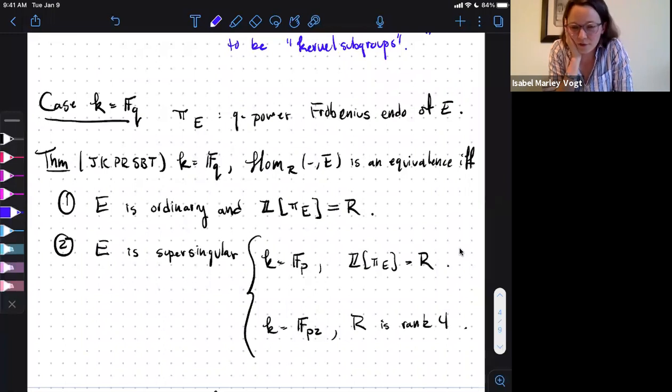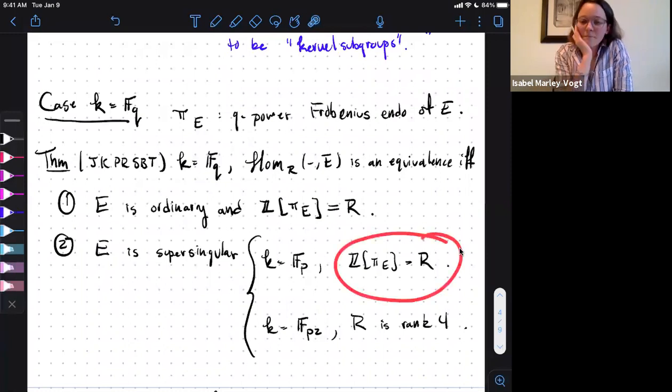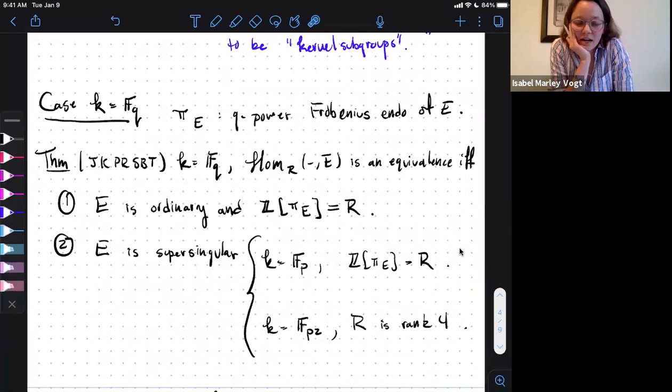They give a partial answer for higher dimensional abelian varieties, which again says that the condition is like I wrote it here, that if you take Z adjoin pi, then you get the endomorphism ring. So that is some partial work in the case of prime fields, but in general, it can be an equivalence of categories and it can not be. Thank you.